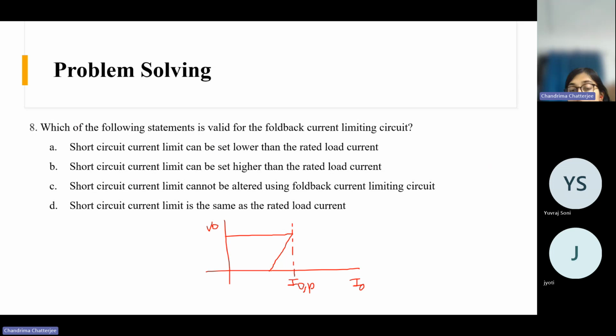And this is the short circuit current. That's why it is named foldback, right? Because you can design it in a way so that your short circuit current limit is lesser than the rated current. So the correct option is option A. Short circuit current limit can be set lower than the rated load current. Okay.